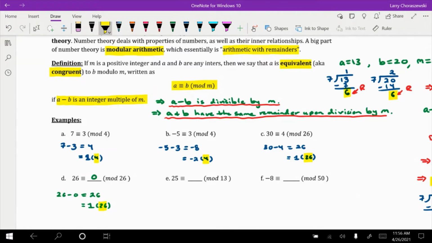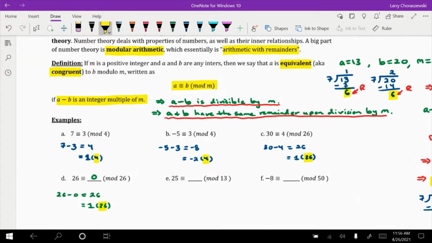Could we have put instead the number 26? Yeah, we could use 26 instead, because 26 minus 26 is 0, which of course is divisible by 26.